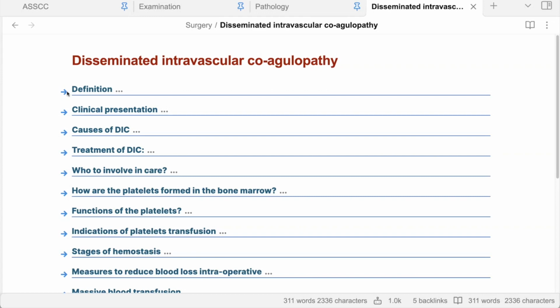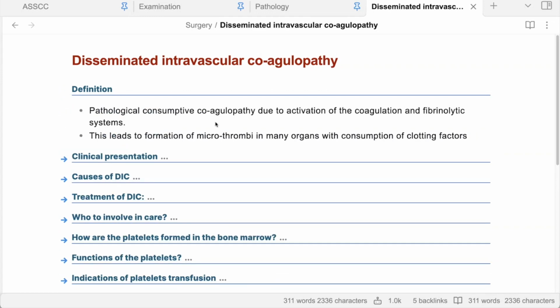Well done. So it's a consumptive coagulopathy due to activation of the coagulation and fibrinolytic system. Just keep it simple, like we mentioned. It will lead to formation of thrombi and bleeding as well.